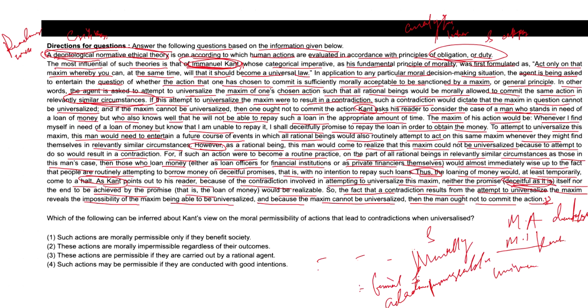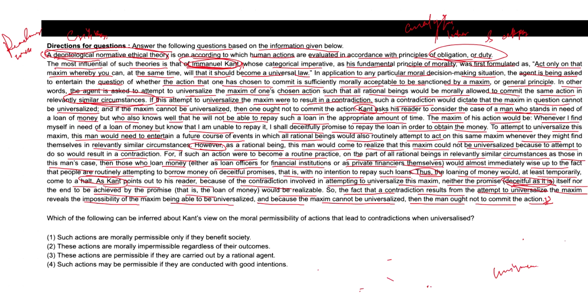Now let's jump to the question. If we look at the question asked here, which of the following can be inferred about Kant's view on the permissibility of actions that lead to contradiction when universalized? Now, let's look at each choice, and on the basis of that, we will go for the answer.